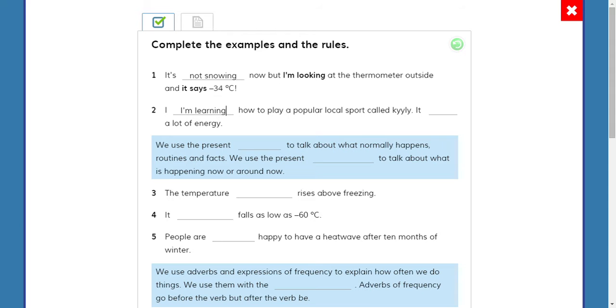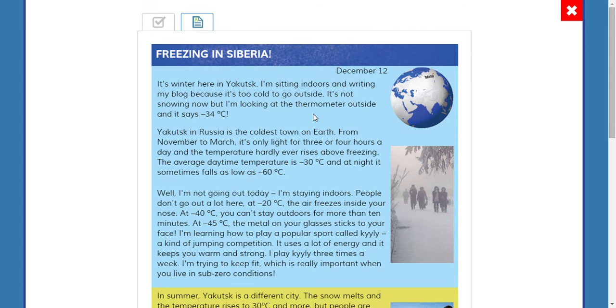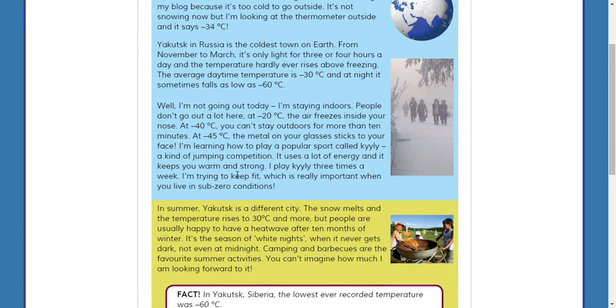What about it? A lot of energy. What is the answer? I play a popular sport called Kili, a kind of jumping competition. It uses a lot of energy and it keeps you warm and strong. I play Kili 3 times a week. I'm trying to keep fit.